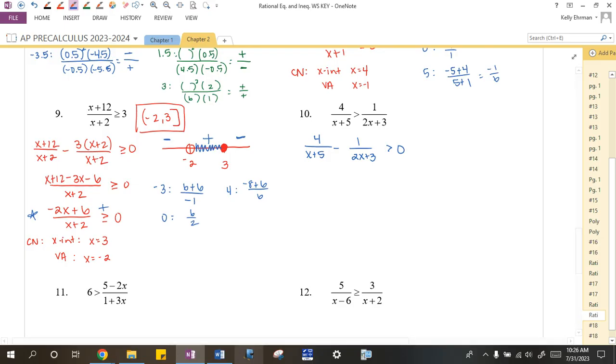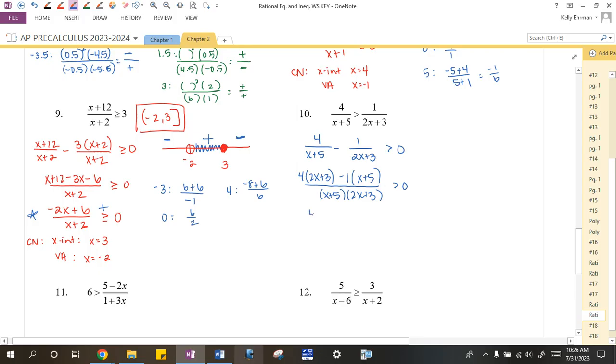Now both fractions need an adjustment to get the common denominator. So 4 is going to get multiplied by 2x plus 3. Negative 1 is going to get multiplied by x plus 5. And that's so that each fraction is over the common denominator, x plus 5 times 2x plus 3.